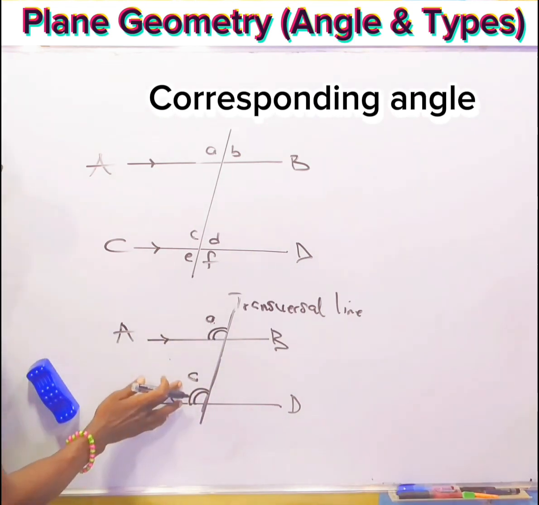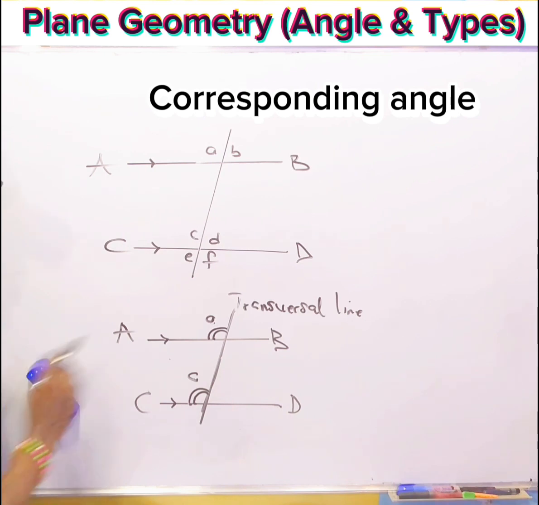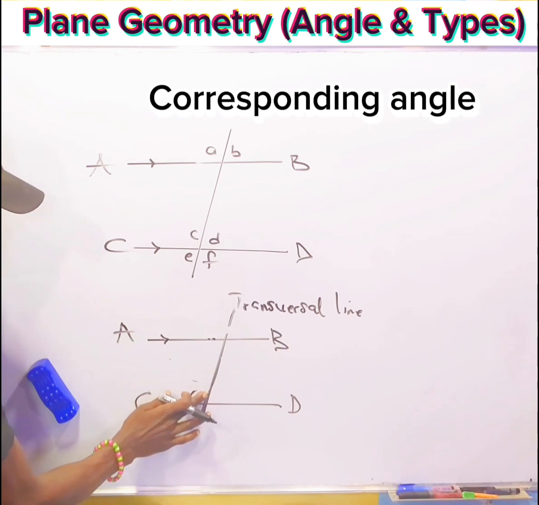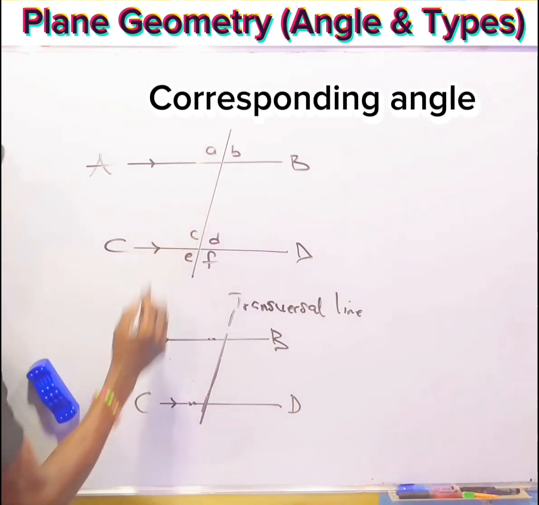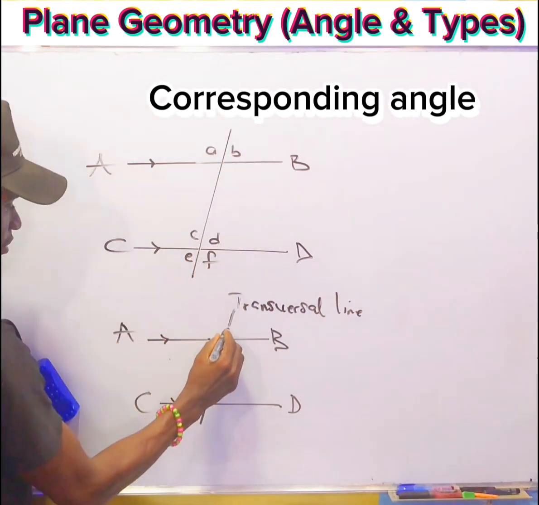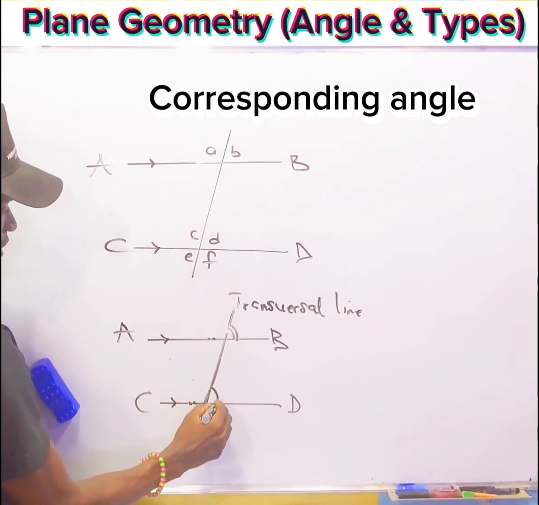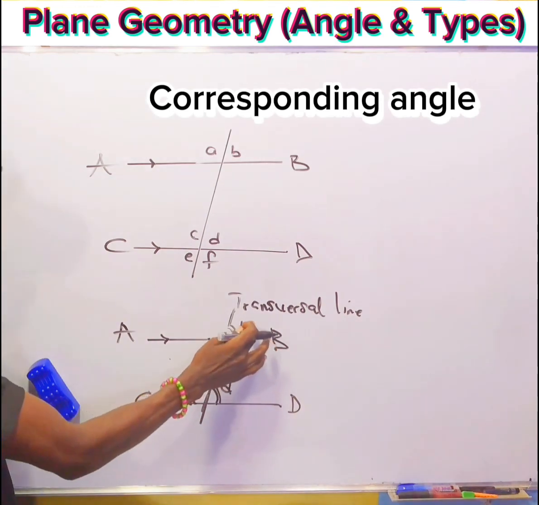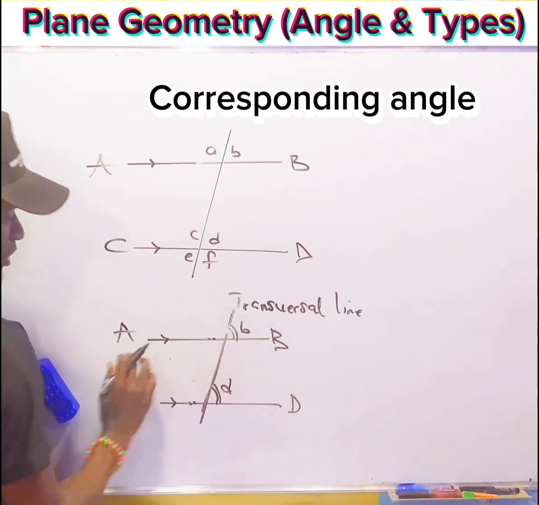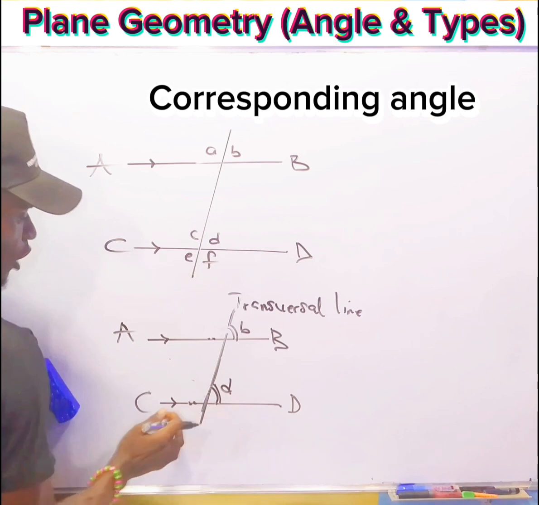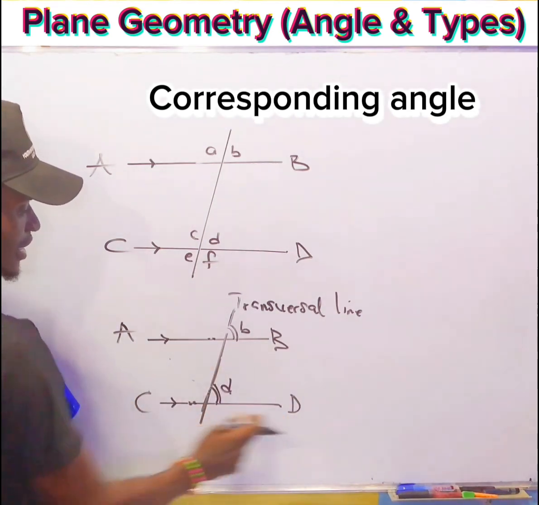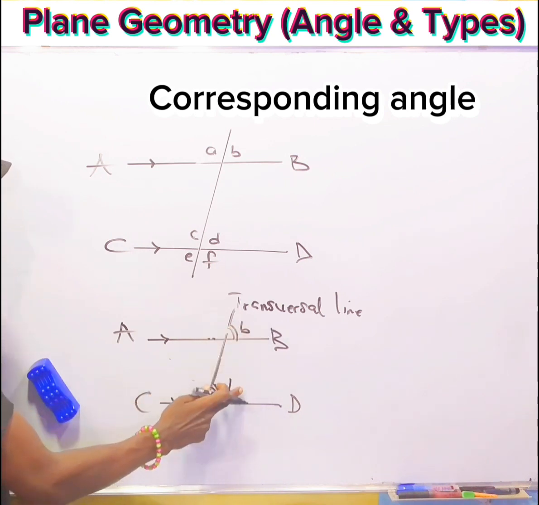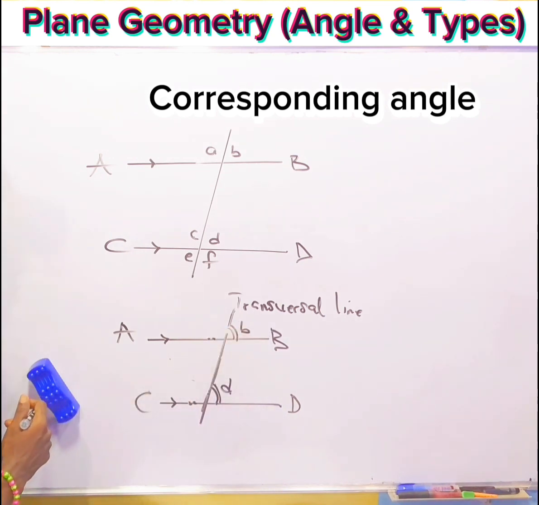So A corresponds to C. Also, let's compare B and D. Yes, B is formed on the top right of line AB, and D is also formed on the top right of line CD. So B corresponds to D. So whatever our angle is for B is the same value we'll have as D.